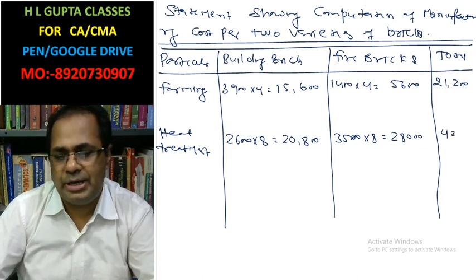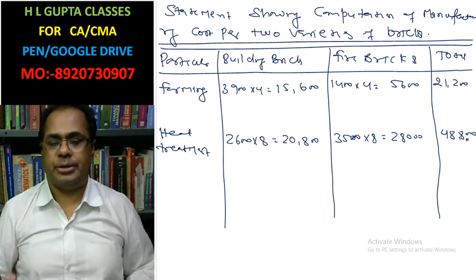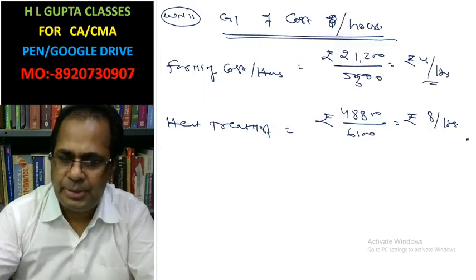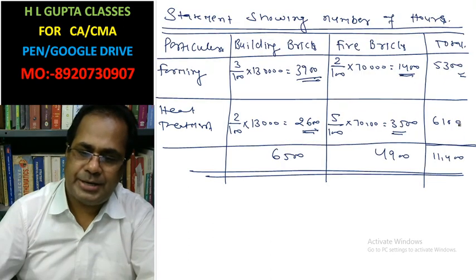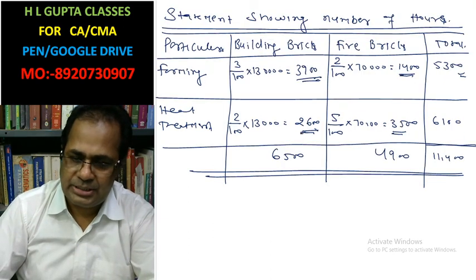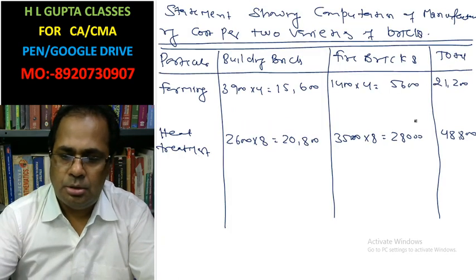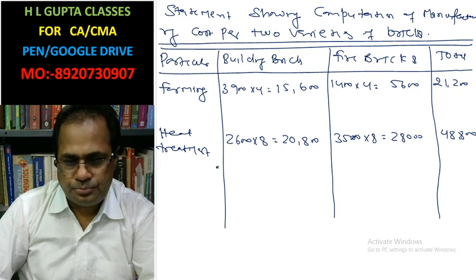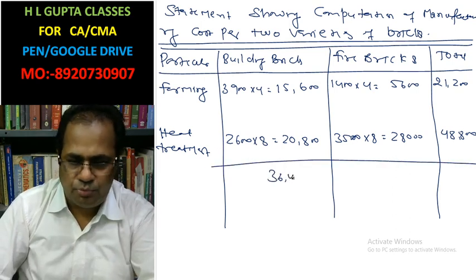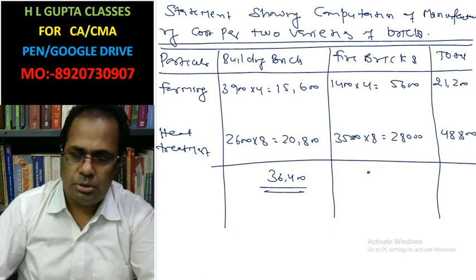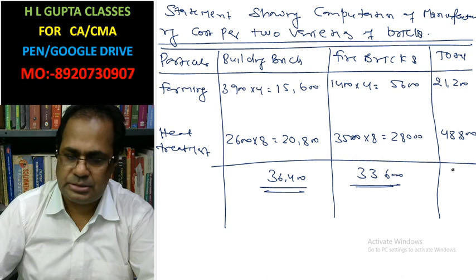Total is 48,800. Please try to understand, in heat treatment the cost per hour is rupees 8, and the time periods are 2,600 and 3,500. Now the total for building bricks is 36,400, for fire bricks 33,600, and the grand total is 70,000.